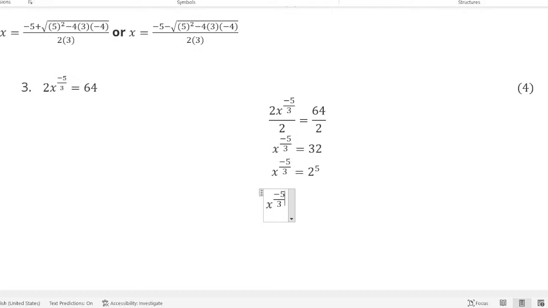So here we'll open brackets and close brackets.